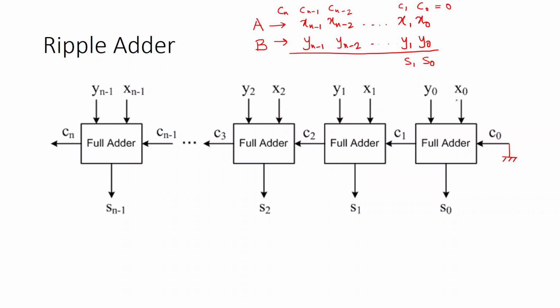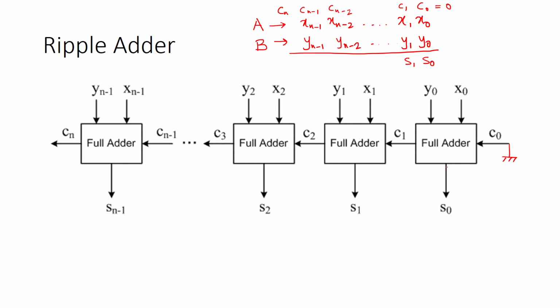So how the addition happens, you see. It is very easy to understand by looking at the circuit. First x0 and y0 are getting added, and you are getting s0. This full adder has the circuit that we already explained in the earlier lecture. So inside this block, that circuit is there.